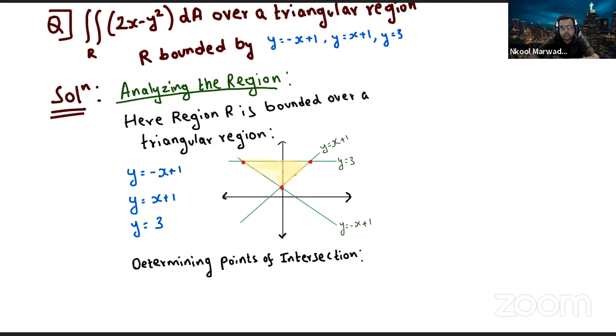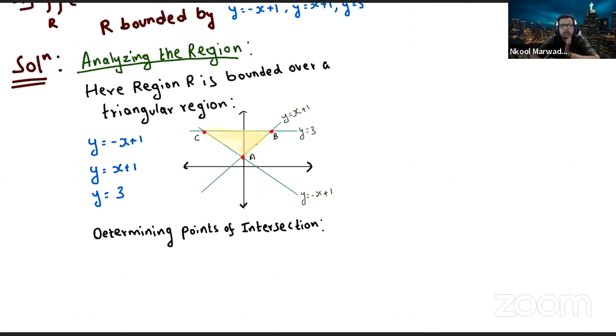Let me call this point A, this point B, and this point C. For point A, the intersection of y is equal to minus x plus 1 and y is equal to x plus 1. So we have to make use of these two lines.